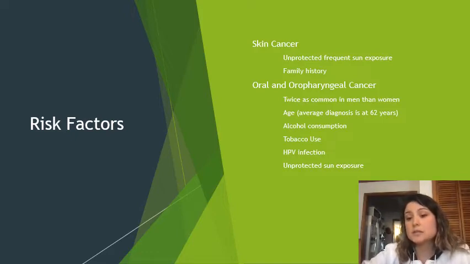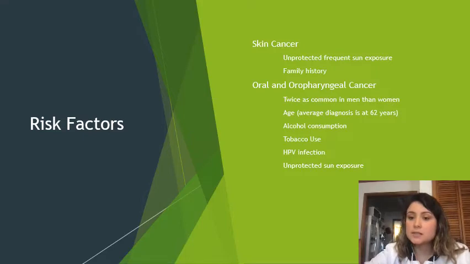So if you're 62 years of age or older, you have a higher chance of getting oral cancer or skin cancer. Alcohol consumption. If you're consuming alcohol, that's something that's frequently or very often touching your mouth. So that alcohol will put you at a higher risk for getting that mouth cancer. Tobacco use.